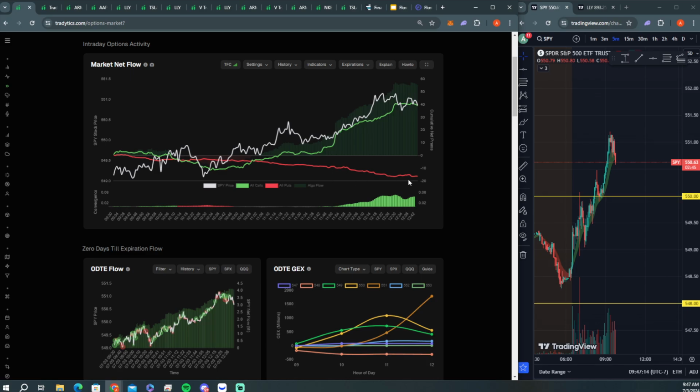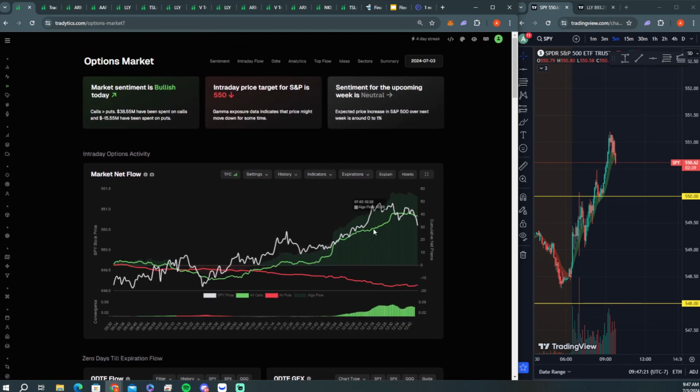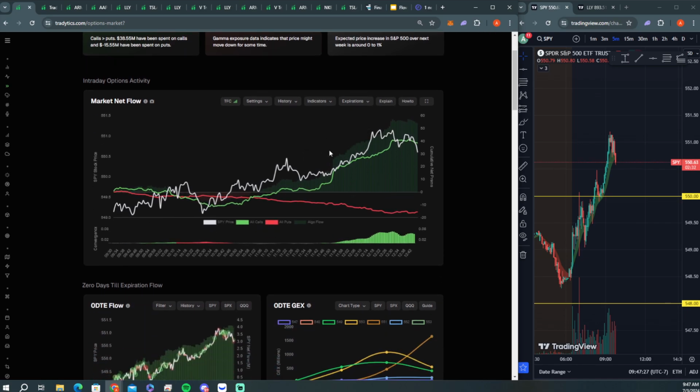And if the red line is going down, there's puts being sold off, which is bullish. And vice versa, if puts are above, there's more puts being bought, and if calls are going down, calls are being sold off. I'm sure you guys understand just calls and puts if you're in here. But obviously buying calls is bullish and selling puts is bullish as well.